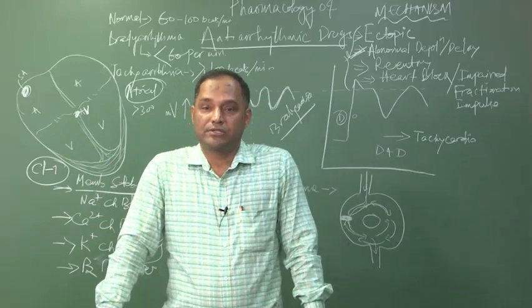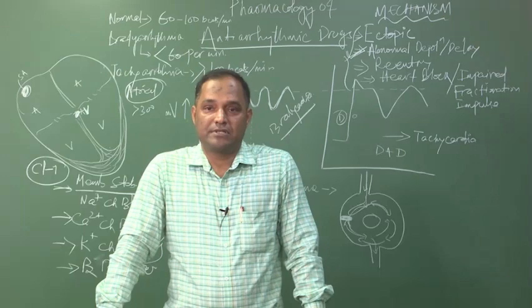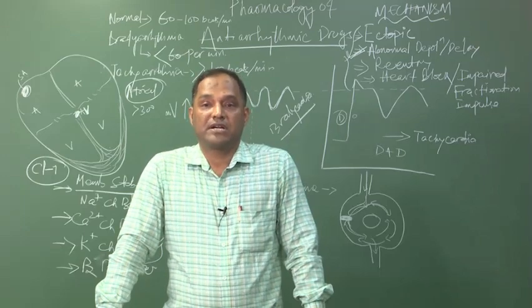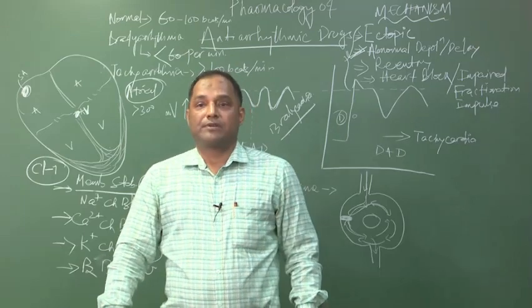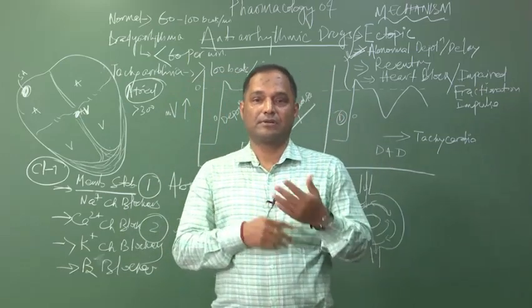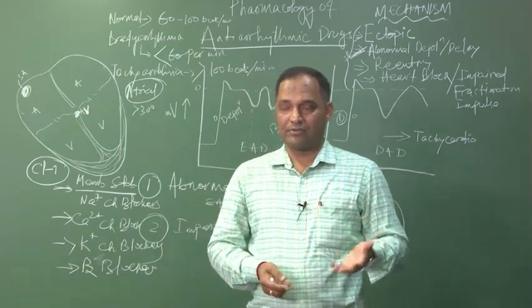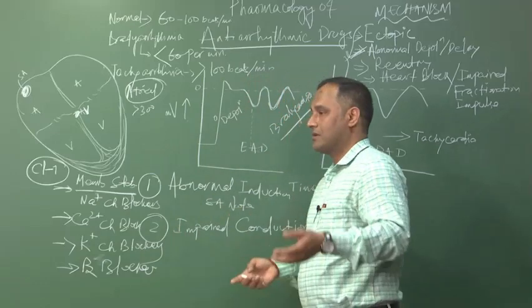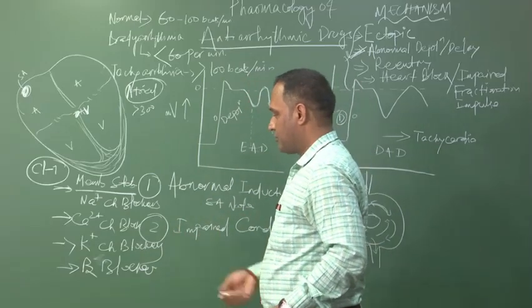They are just prescribing you the beta blockers, the propranolol, the atenolol kind of things. They will administer you and they will correct your arrhythmia or the rising of blood pressure.